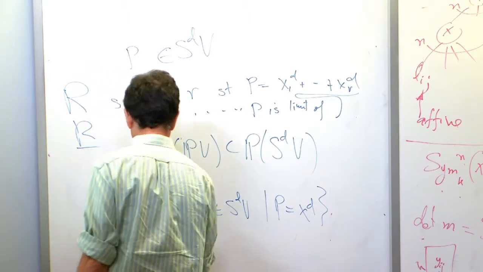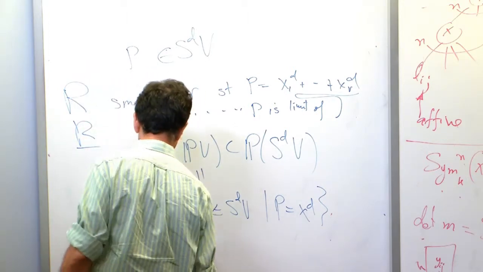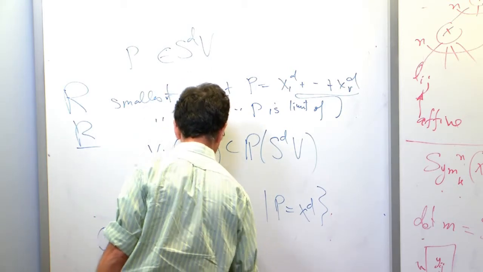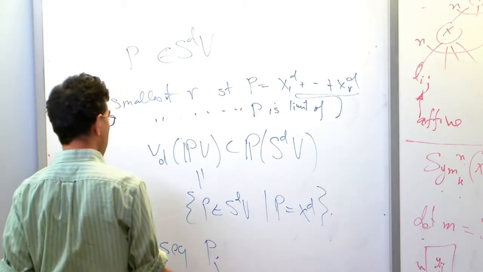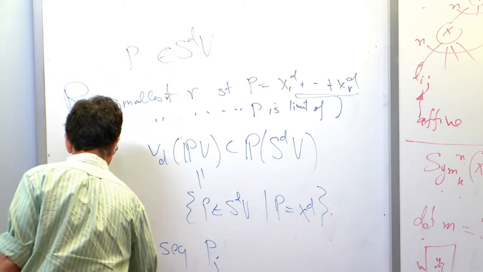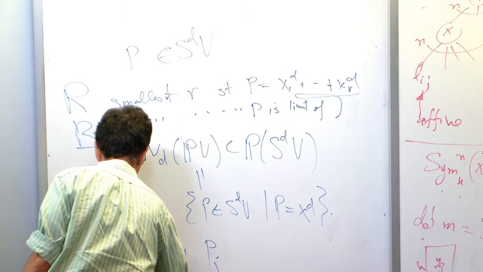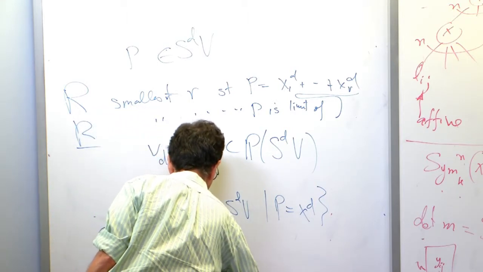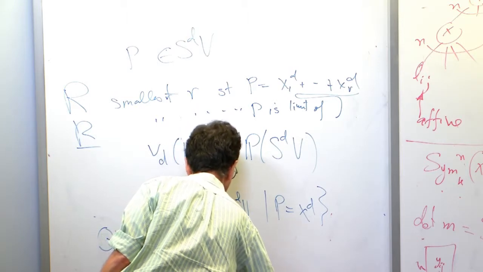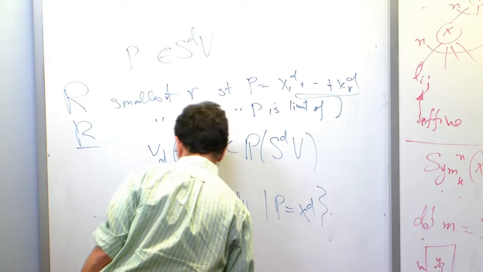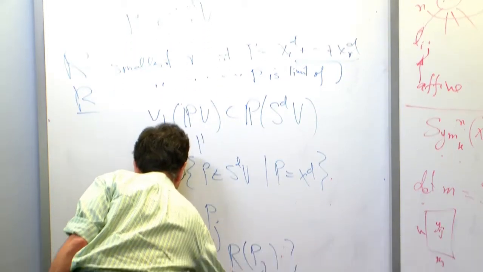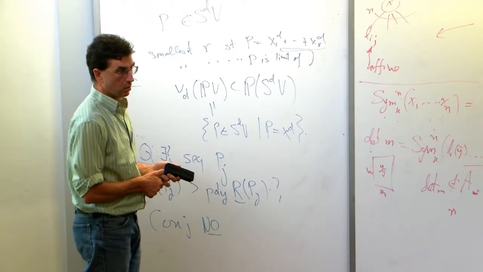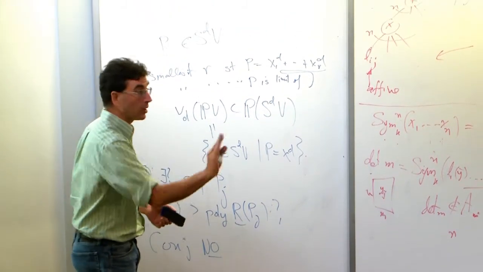So does there exist a sequence Pj where the growth of the Waring rank is greater than a polynomial in the border rank? And the conjecture is no. These two ranks should coincide. No, they do not coincide in general.